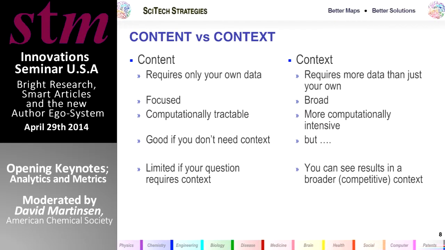The context-based map is very broad. The content-based map is very computationally tractable, fairly easy to do, something that most people can do on their own with software that's available, freely downloaded. But if you want to really see the competitive context, you need the broader map.